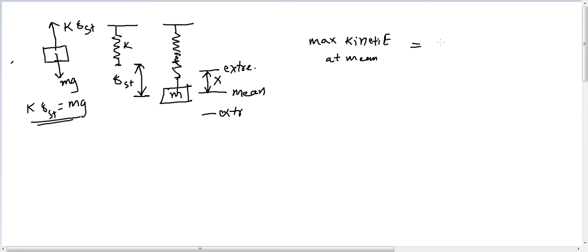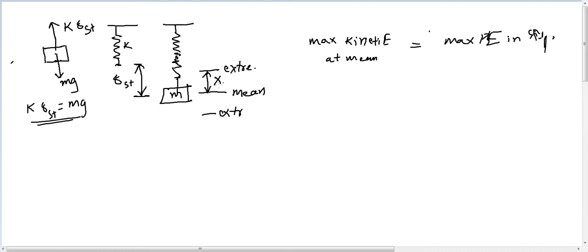So that is equal to the maximum potential energy P in the spring. Okay, so maximum kinetic energy at the mean location.